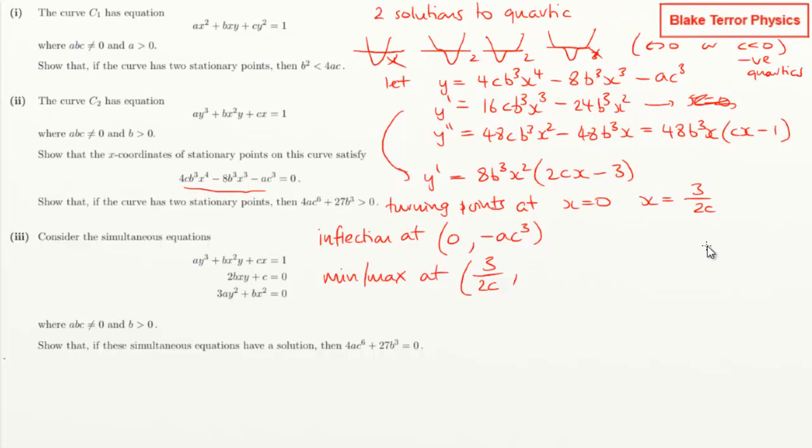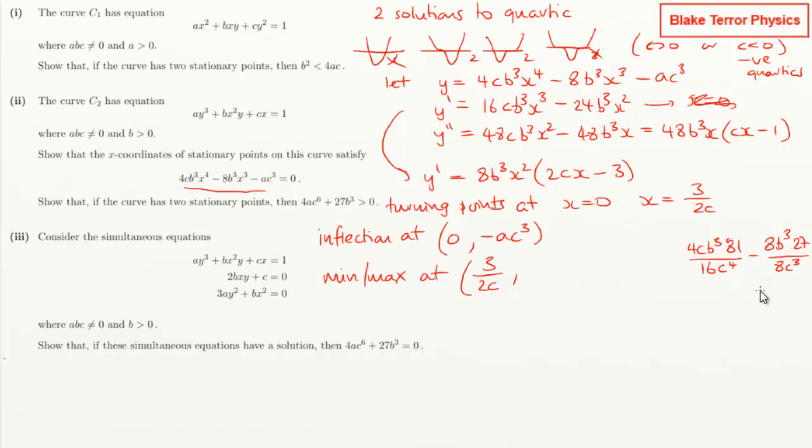This is going to be a real mess, isn't it? I'm going to have, God, it really is. So that's 4cb cubed, 3 to the power of 4, so that's 81. And then that's going to be divided by 16 c to the 4. Okay. And then I've got minus 8b cubed times 27 over 8c cubed.